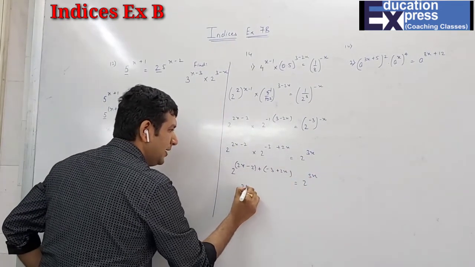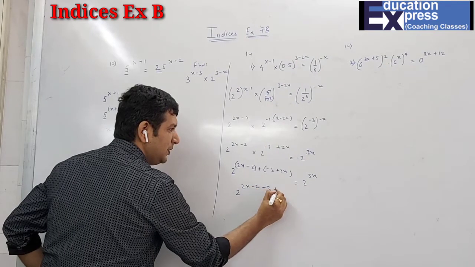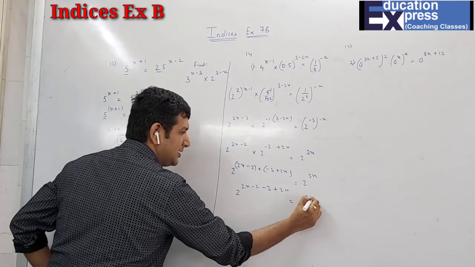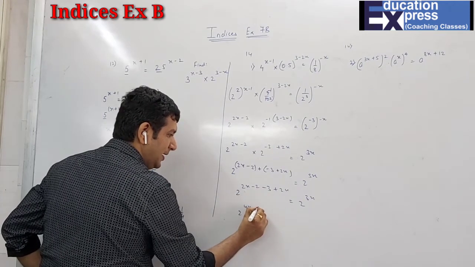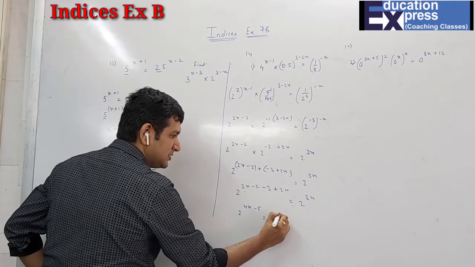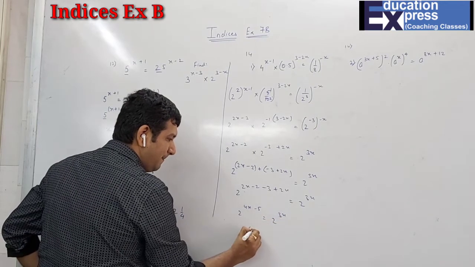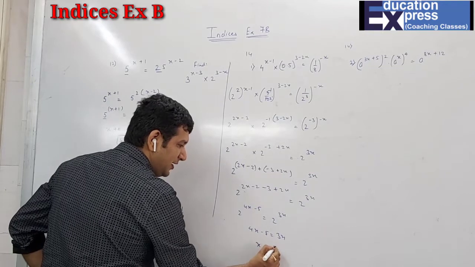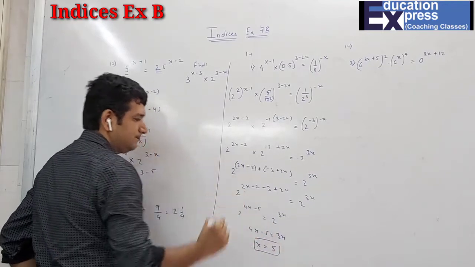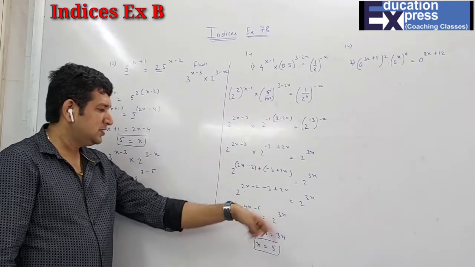So 2x minus 2 minus 3 plus 2x is 2 raised to 3x. 2x plus 2x is 4x minus 5 is 2 raised to 3x. Bases are same. So 4x minus 3x, and x is 5 is the answer.